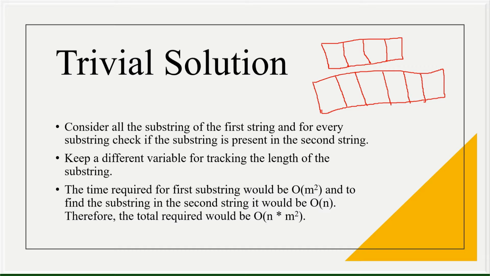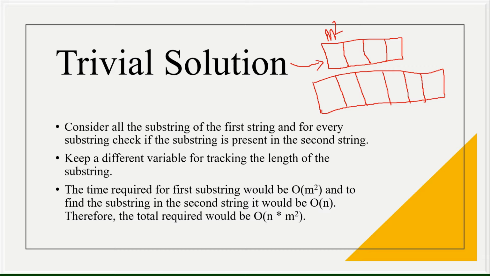So what the process will be is that the first array will try to find a substring within itself. For that, it will traverse the array in m square, given that the length of the array is m.